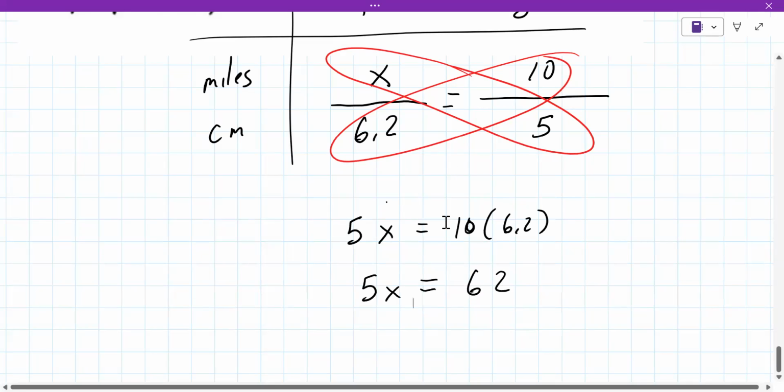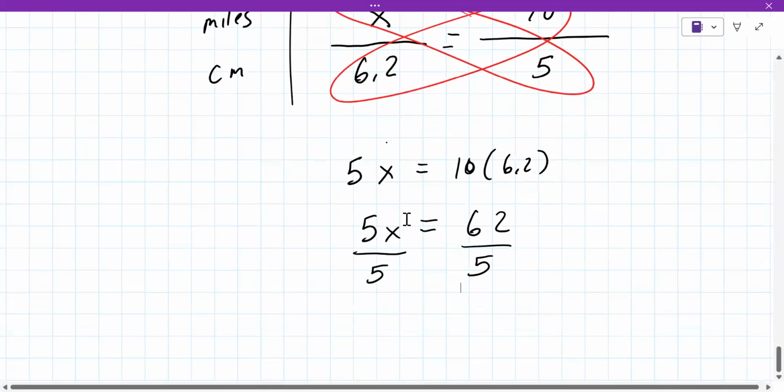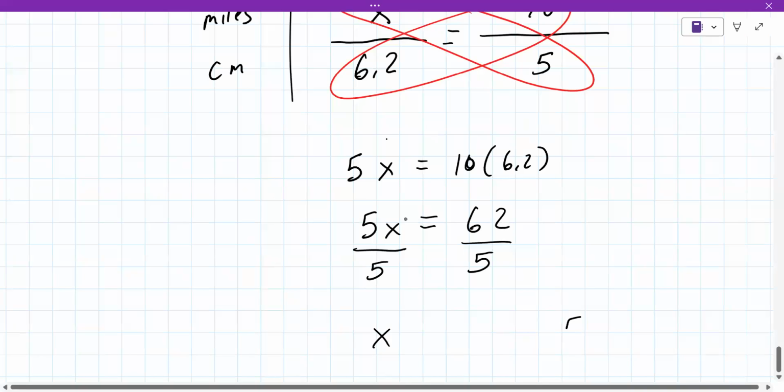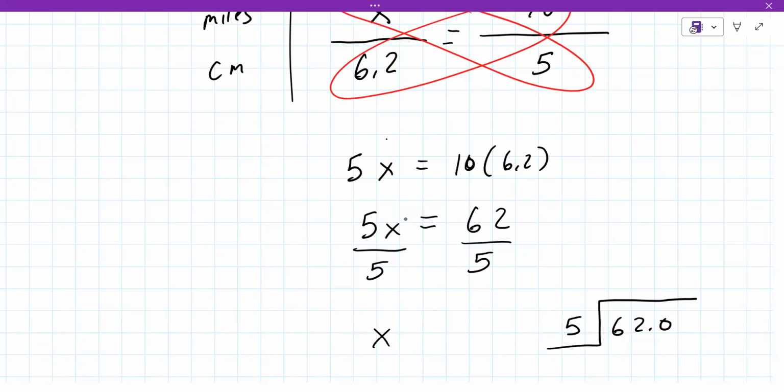From here, you divide both by 5. And I'm assuming this is something you covered this year. Do you remember how to do your long division? Yeah. Okay. I'd like you to work this out. It is a decimal, but it's only to the 10th place. So give that a try. If you have questions, I'll help you work that out.